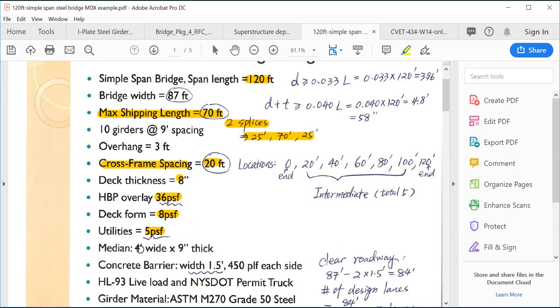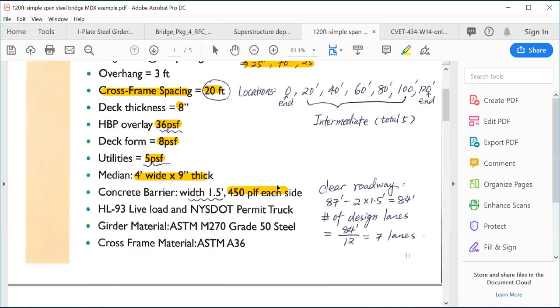Then we have the median, 4 feet wide and 9 inches thick, and this is a composite dead load. Concrete barrier, also composite dead load, is 450 pounds per linear foot each side, times 2 sides, to get a total barrier weight.